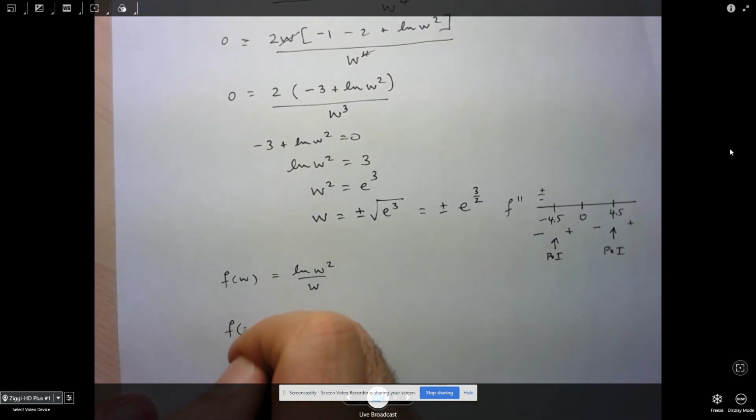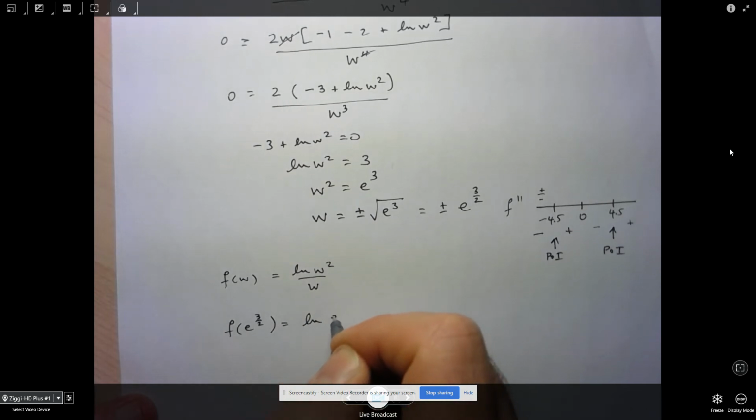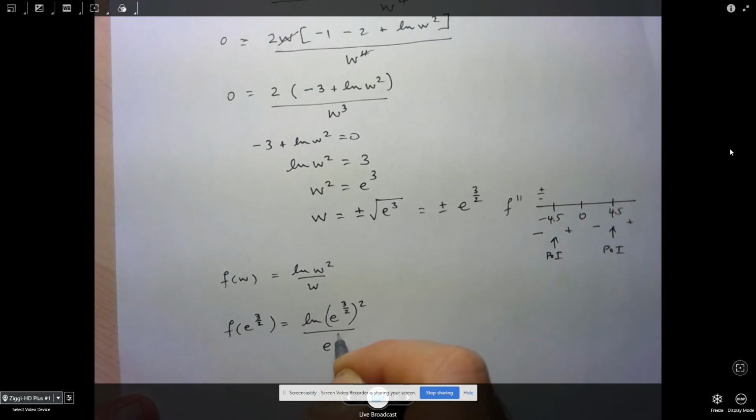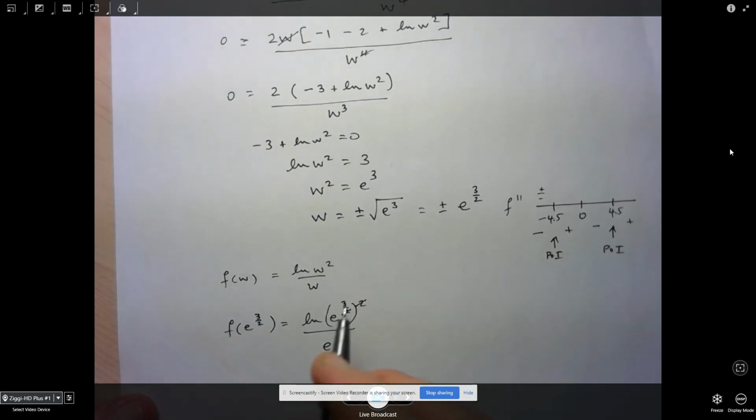So f at e to the 3 halves is equal to ln of e to the 3 halves squared over e to the 3 halves. Here I multiply by my exponent rule, so that's just going to cancel out. So ln of e cubed is just 3 over e to the 3 halves.